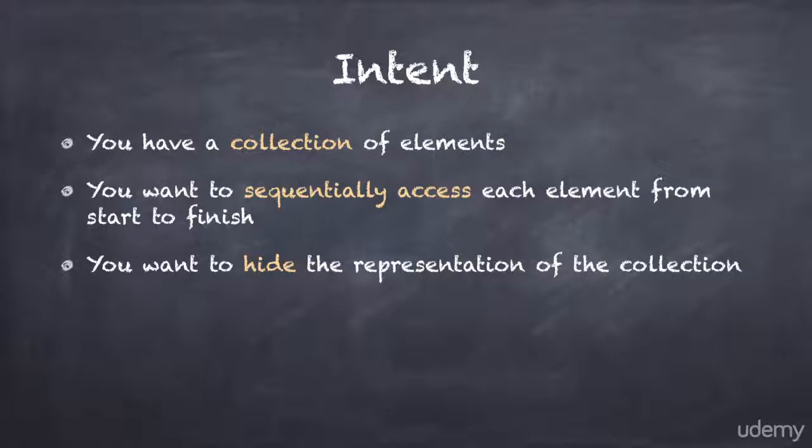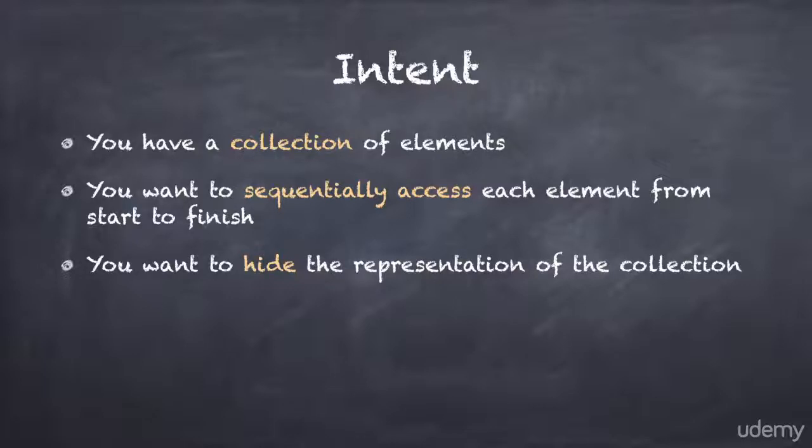So, to start, we need to have a collection of elements. This can be a simple data structure, like a list or array. But it can also be another design pattern, like the composite pattern. The key concept is that the collection has one or more elements, a start and a finish, and we want to sequentially access each element.